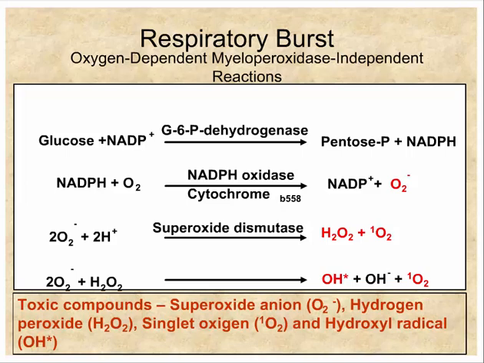When those granules fuse with the phagosome, they reconstitute. The NADPH oxidase enzyme is reconstituted in the phagolysosome membrane, and we end up with an active enzyme that can carry out this process. So we get the production of this superoxide anion.